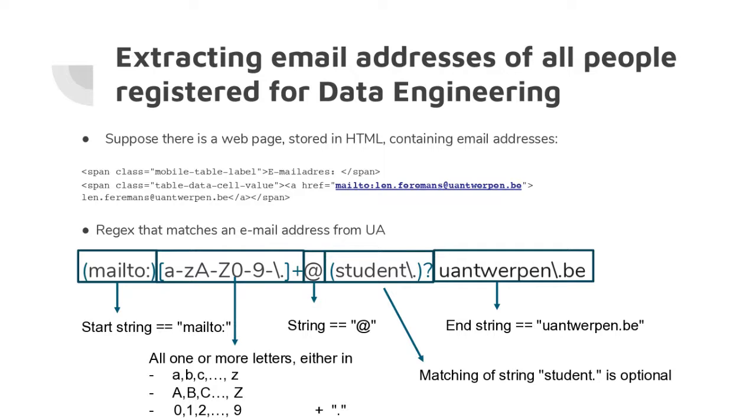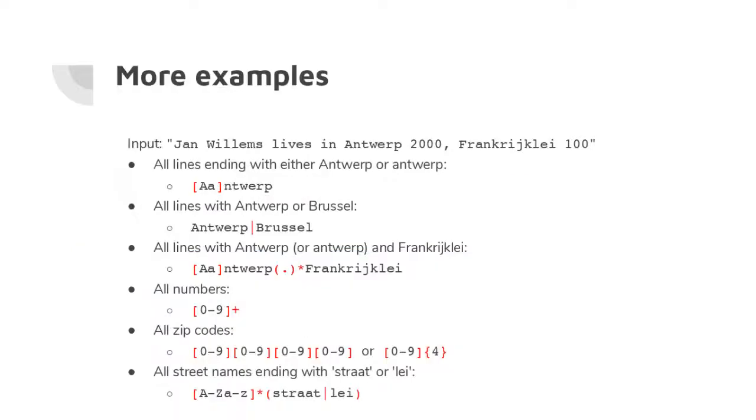So that's what the question mark means: 0 or 1 occurrence of student. So with this special string, we call that a regular expression, and you can match all email addresses. That's useful for extracting patterns from text.